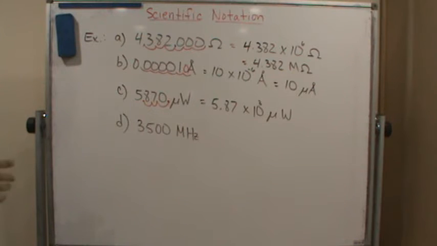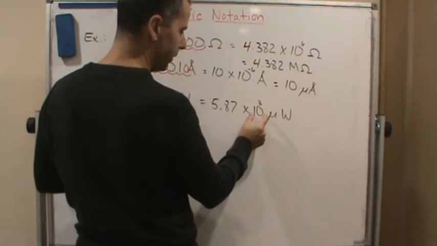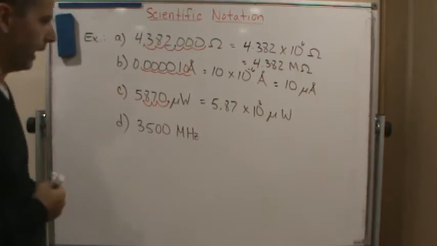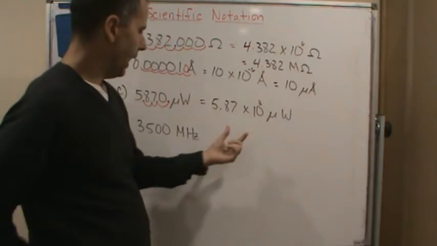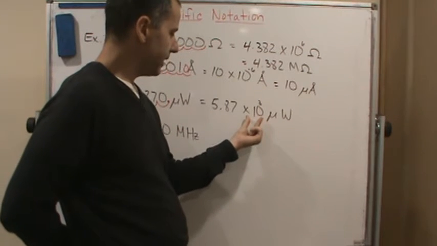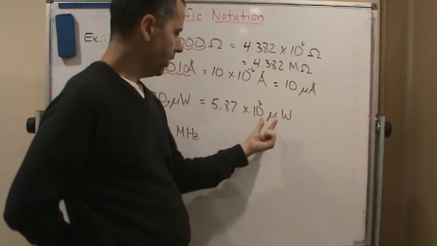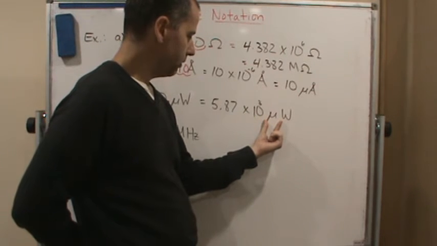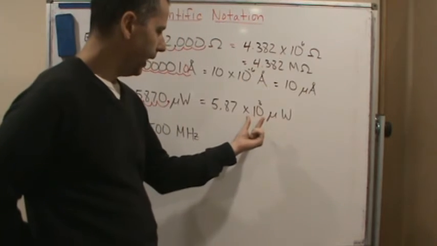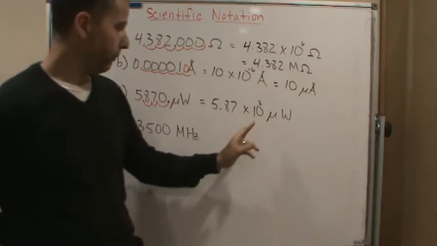Again, the units don't change at this point. Now that I have this, now it will change. Okay, so I'm already at microwatts, and I've got 10 to the third. Remember what micro means.